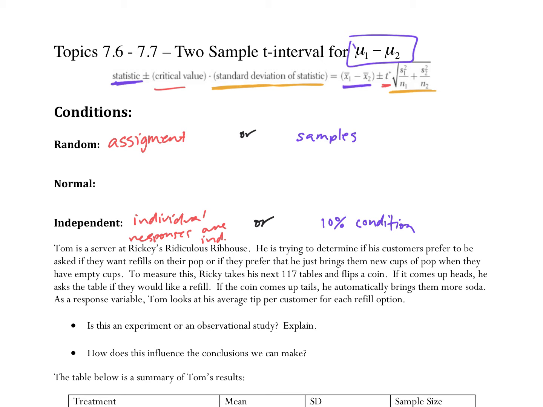What do you guys think the normal condition is going to be? Is it not 30 for both? It's either n1 greater than or equal to 30, or population 1 has no skewness or outliers for the first group.